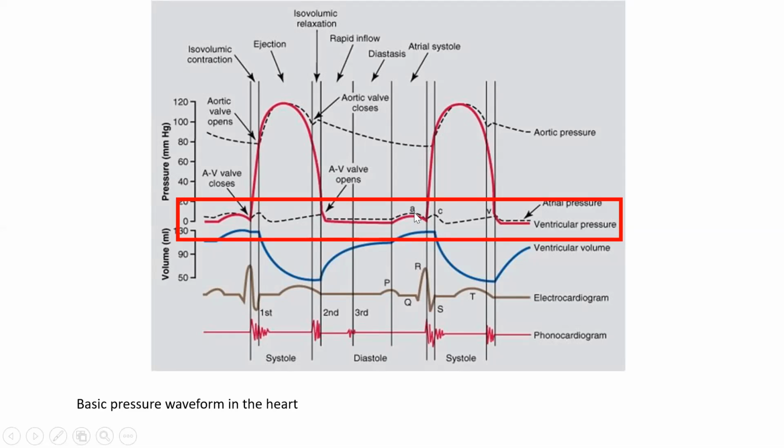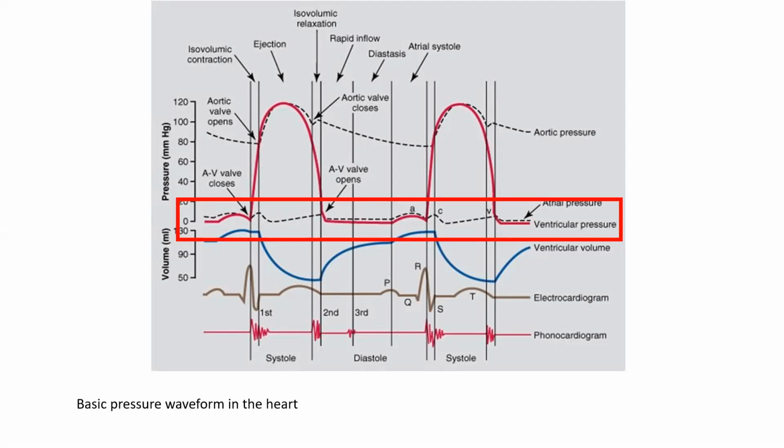For example, when we do left heart catheterization, you put your catheter inside the radial artery, then you go into your subclavian, then into your aorta, then into the left ventricle, so you can measure your left ventricular pressure. However, from the left ventricle, you cannot maneuver the wires to go back into the left atrium. So you cannot directly measure the left atrial pressure from left heart catheterization.